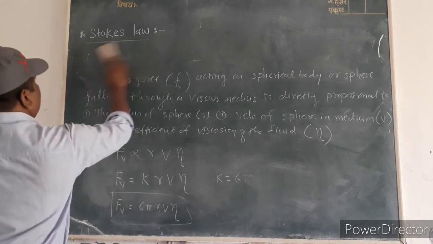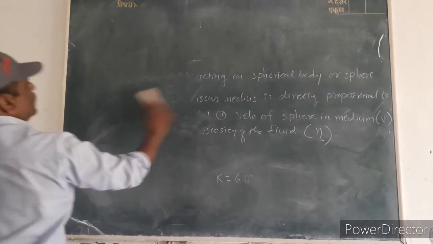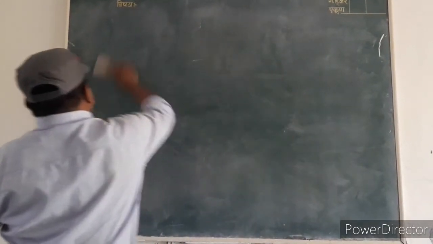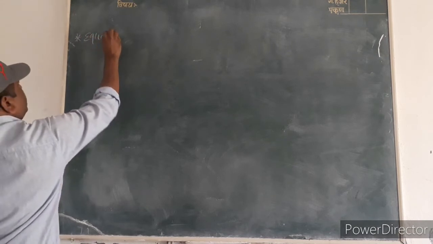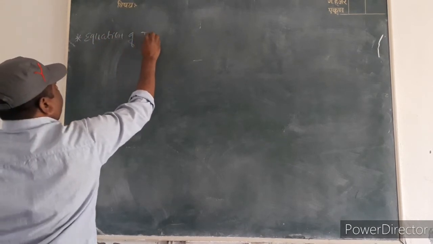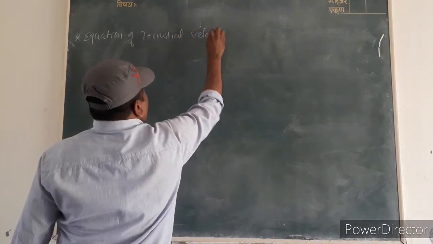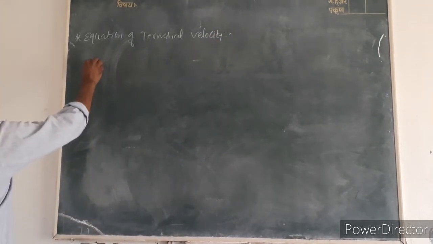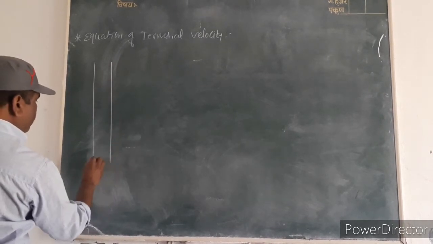Then we obtain the equation of terminal velocity. Now we consider a glass tube.